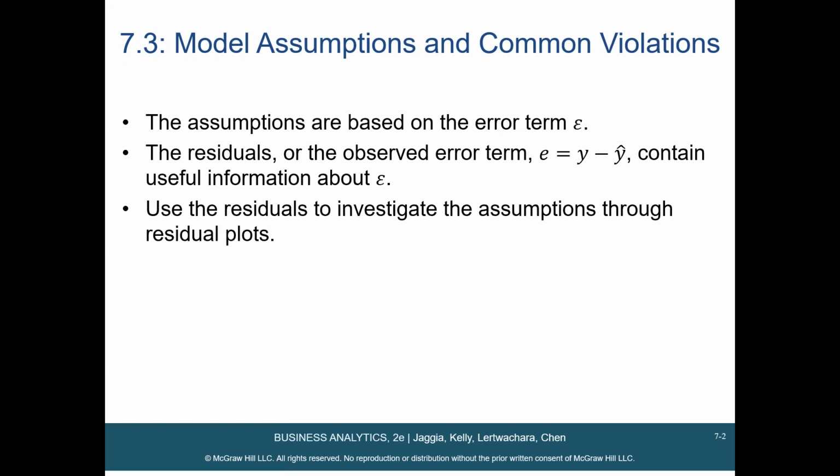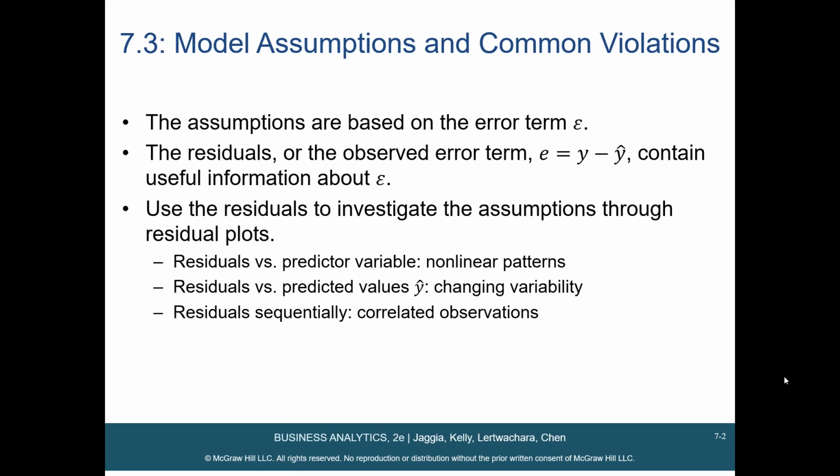We're going to use the residuals to investigate the assumptions through residual plots. Once you run the residual plots, all these assumptions, except for one, are detectable in those plots.